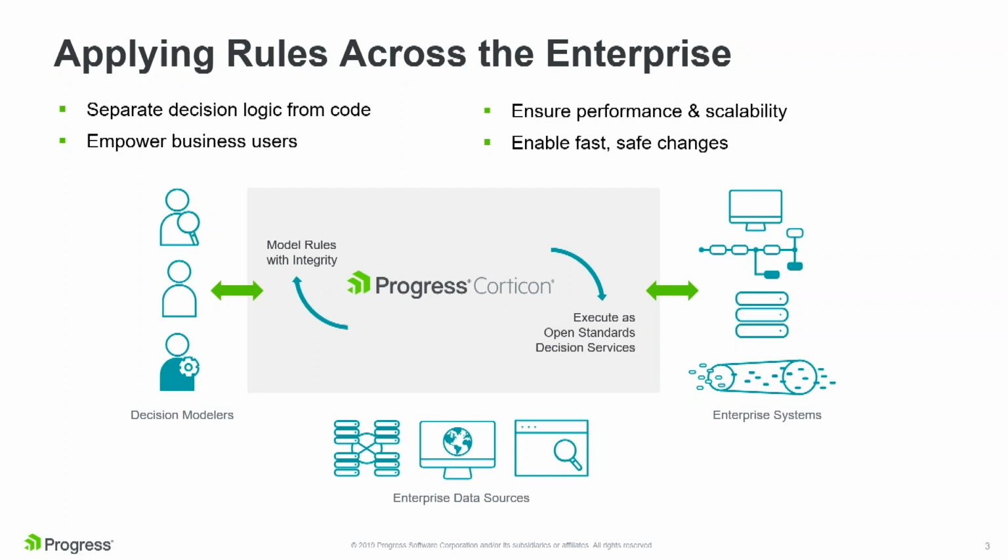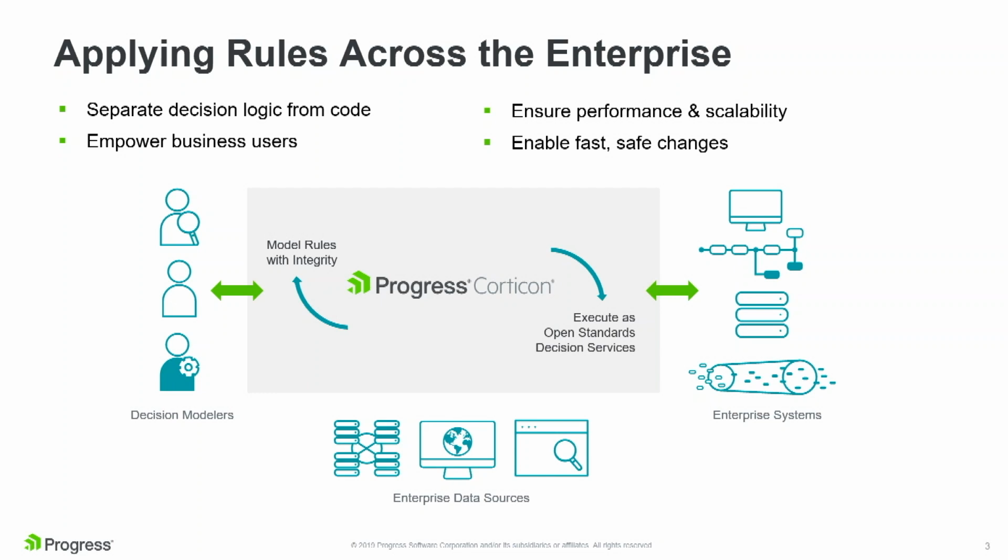When Corticon is deployed, it's always part of a complex ecosystem of components. We integrate with lots of different data sources. We have multiple interfaces into Corticon. The typical deployment would be Corticon behind a workflow system that might be processing, say, a mortgage application. The application will call off to Corticon to determine if somebody is qualified and what programs should be available to that mortgage applicant.